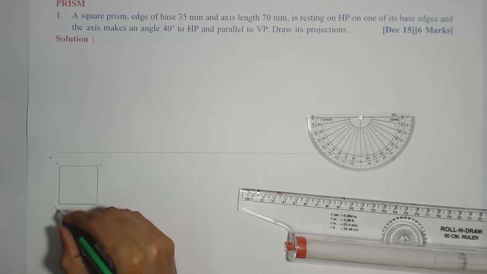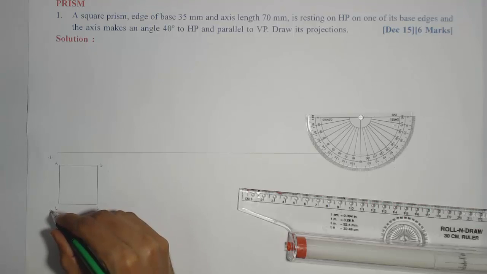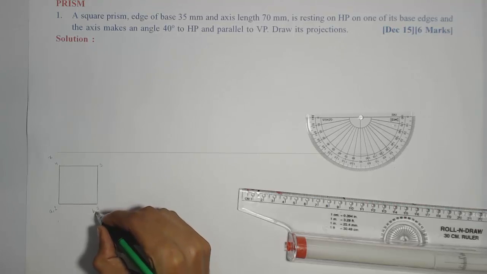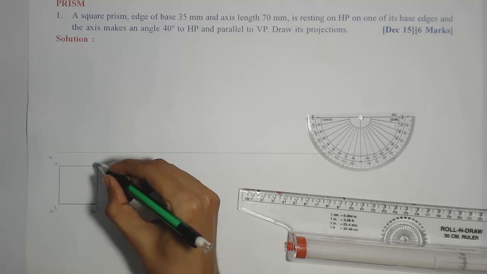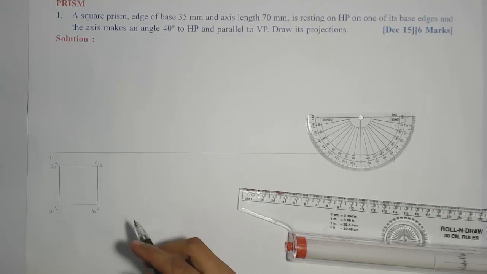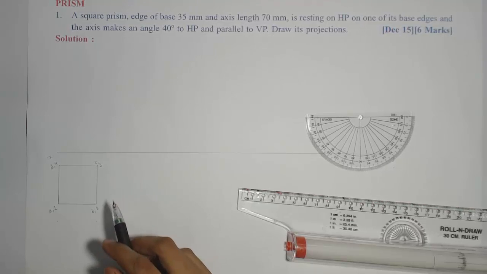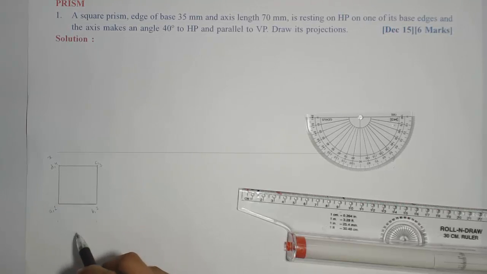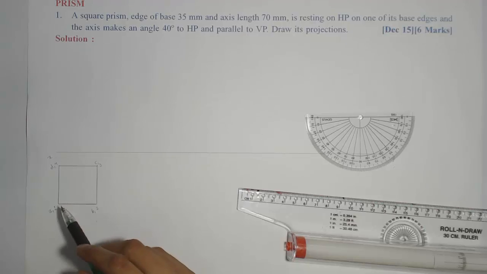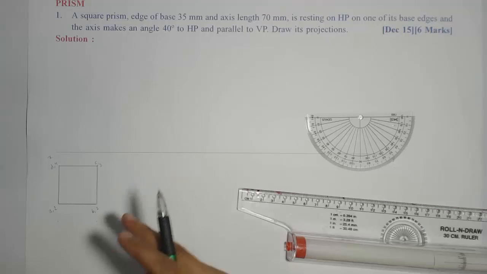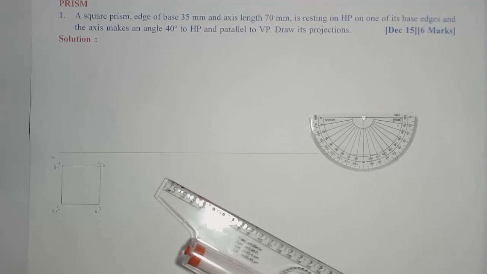So that's why along with 1, I'll give one more notation, A, B, C, D. Means I can see one top base and one bottom base. Those are seen as a single square. So if you are assuming A, B, C, D as the top base and 1, 2, 3, 4 as the bottom base, then accordingly we will draw the front view.